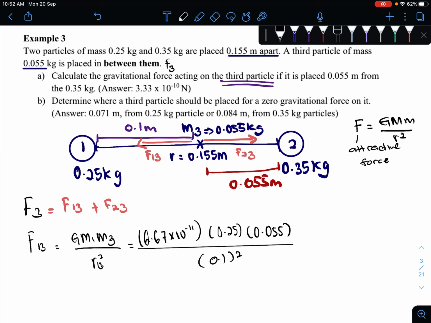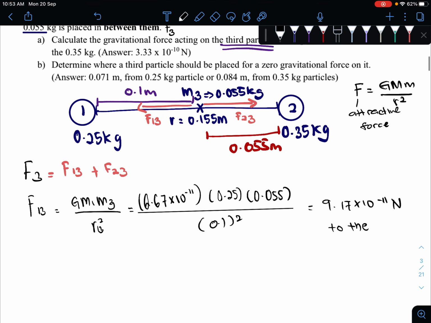And then now you press your calculator to get your answer for the force here. So kita akan dapat 9.17 times 10 to the power negative 11 Newton. Okay, this is the force. And then kalau kamu tengok direction dia adalah to the left. To the left. Remember, force adalah vector quantity. Kena consider direction.